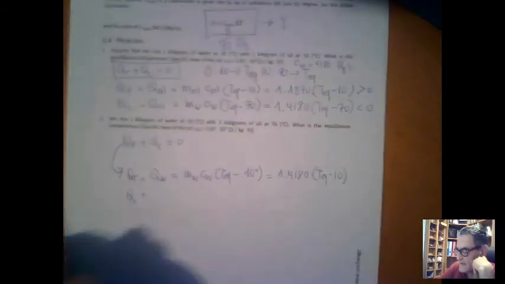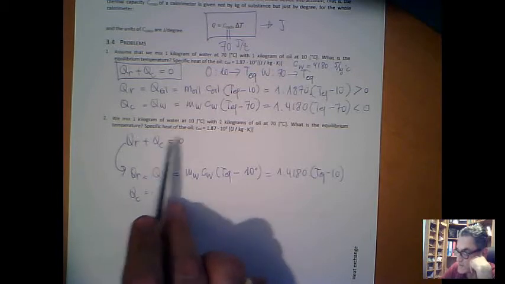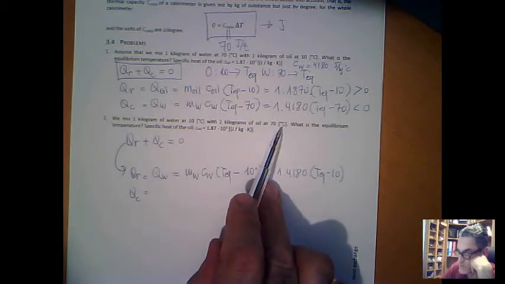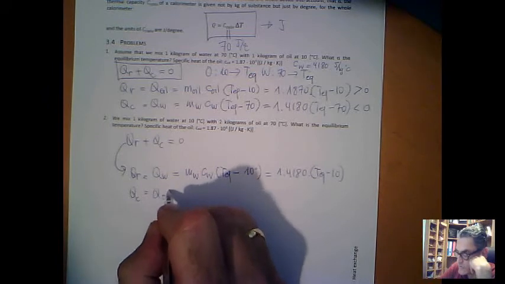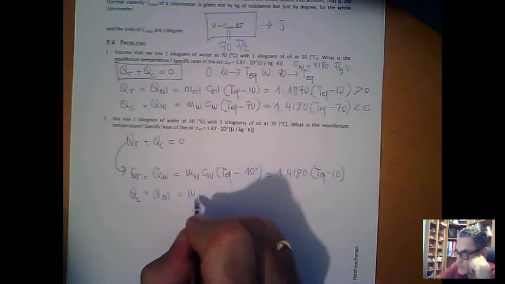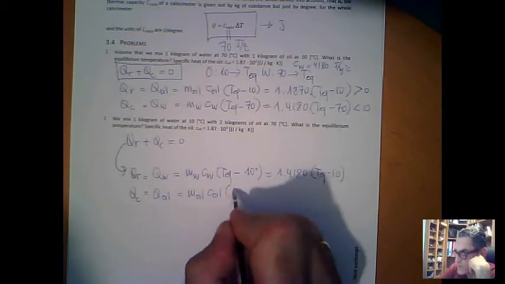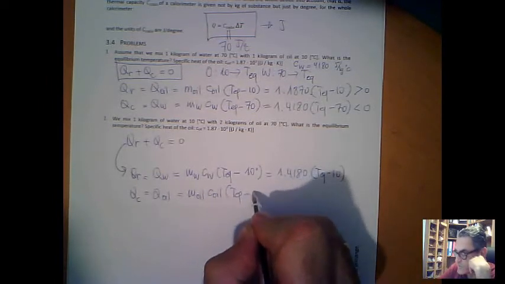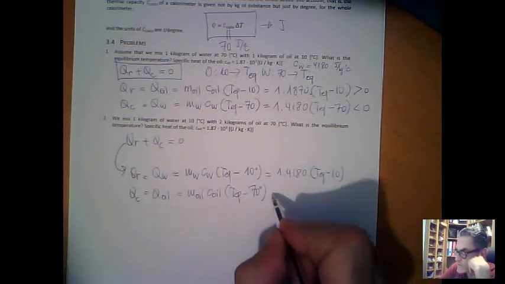Okay. And the energy which is ceded is the energy of the oil, because the oil is warmer. This is Q oil. So it's the mass of the oil times the C of the oil times the equilibrium temperature minus the initial temperature of the oil, 70.